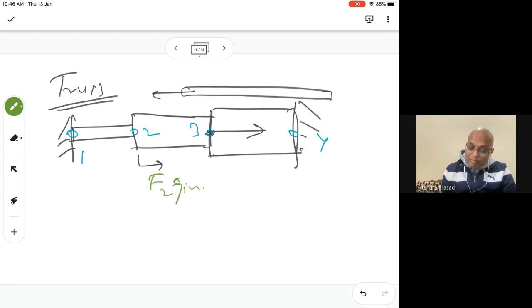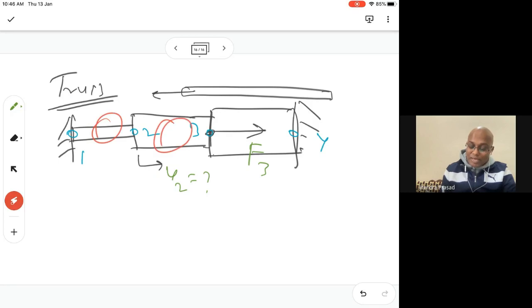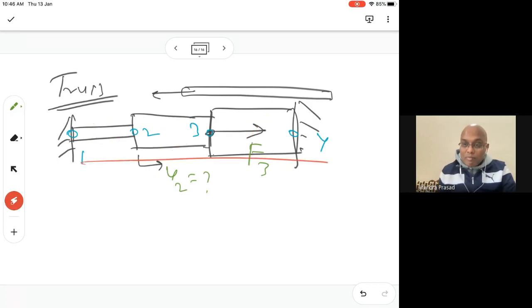Then F3 is given, and U2 we have to find out. So this kind of thing we have done, where these individual elements are of different sizes. Based on that, we find out the stiffness matrix and so on.